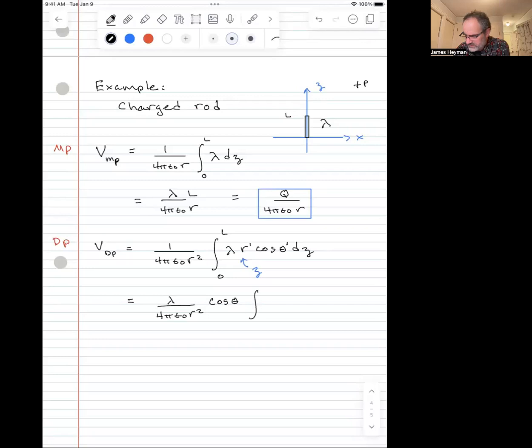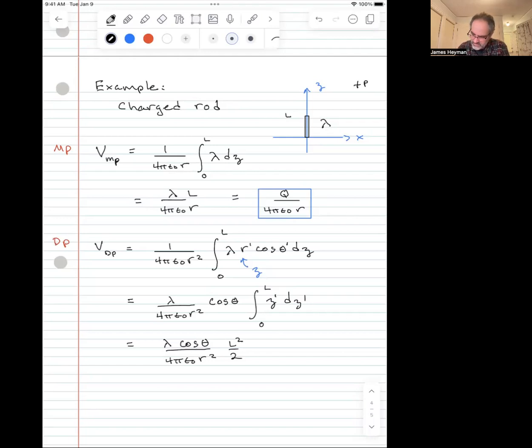And what we're left with is just r prime, which is z. And so we integrate that from 0 to L. And this gives us lambda times cosine theta over 4 pi epsilon naught r squared. Those were the constant terms. And then the integral gives us L squared over 2.